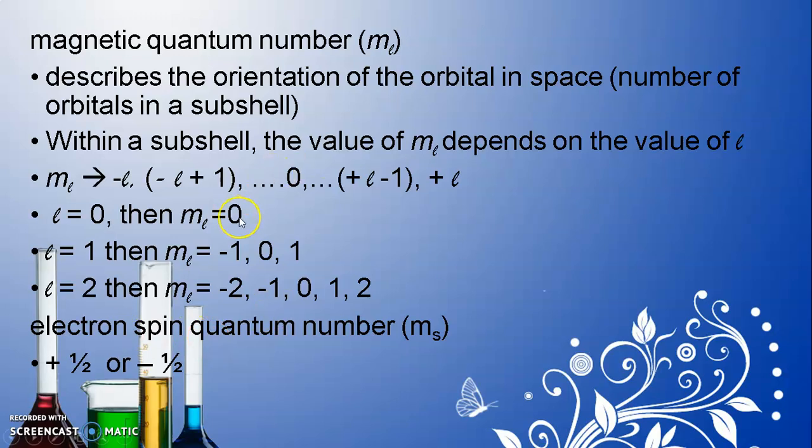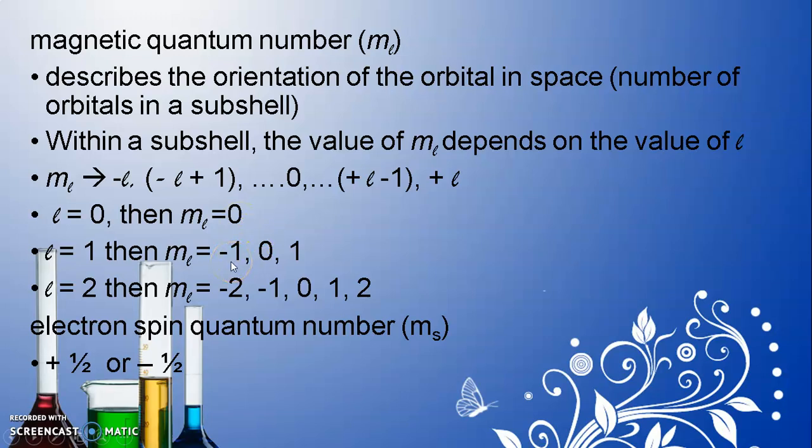Meaning to say that for every orientation of your orbital, the maximum number of electrons that it can occupy is 2. For example, in your S subshell, there is only one orientation, and that is 0, which means that a maximum of 2 electrons can be occupied in your S subshell.